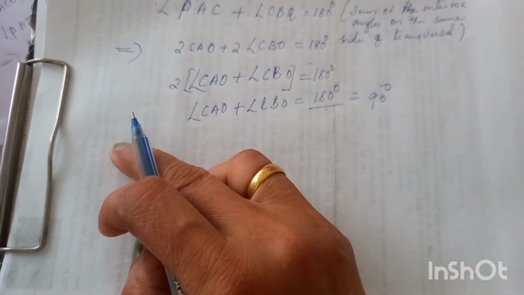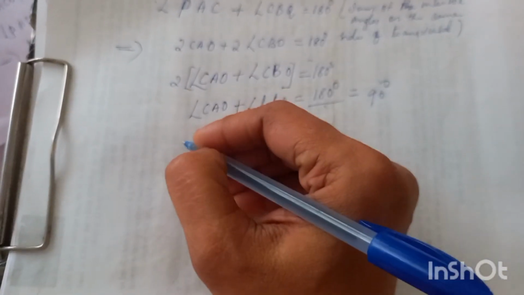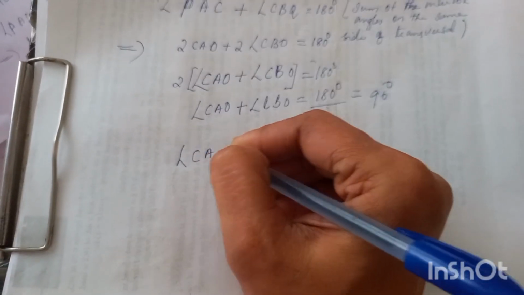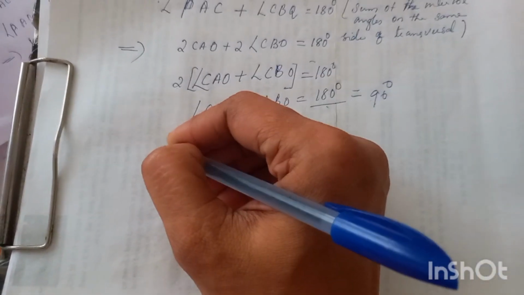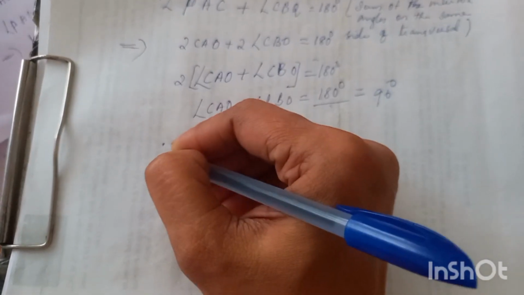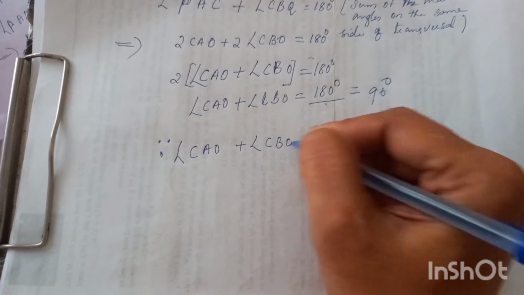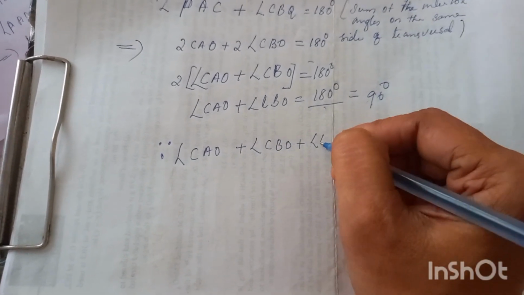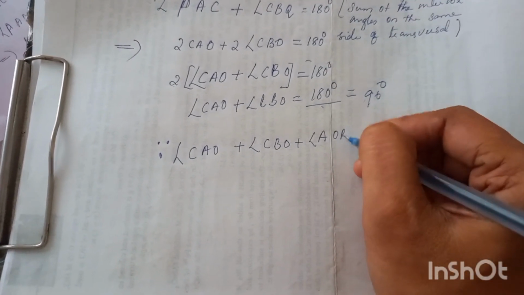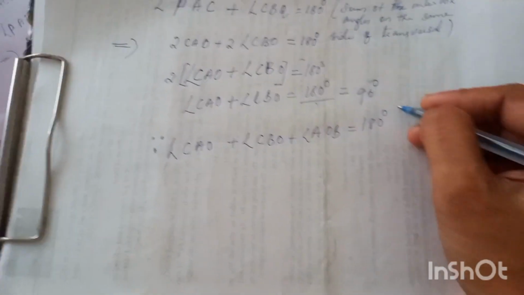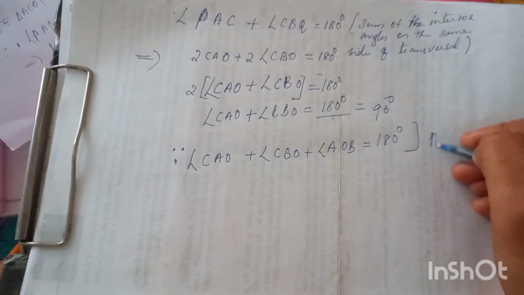So we have to find angle AOB. Angle CAO plus angle CBO plus angle AOB is equal to 180 degrees, by the angle sum property of a triangle.